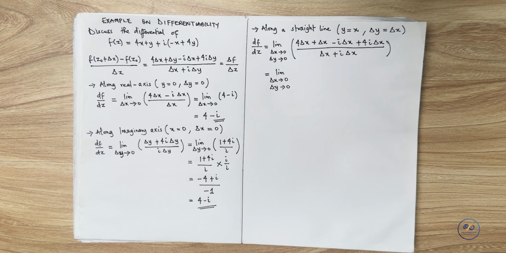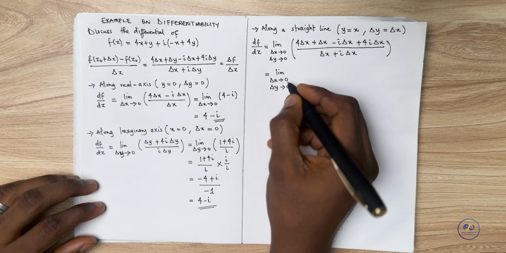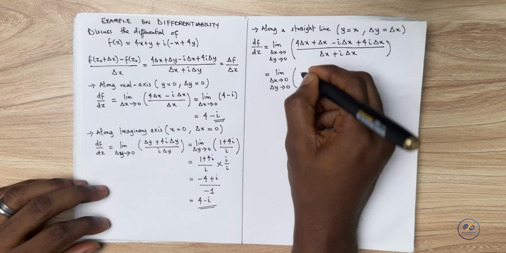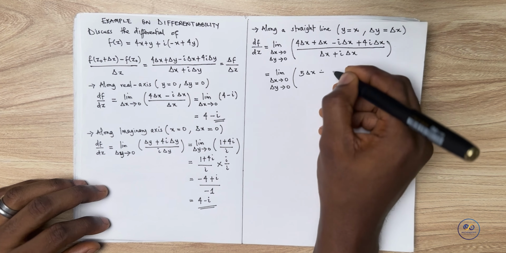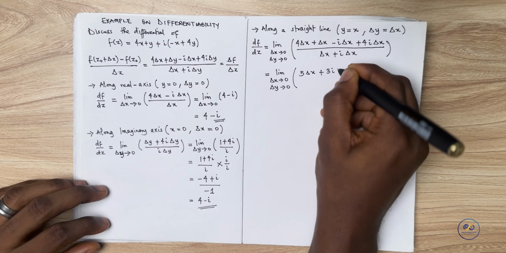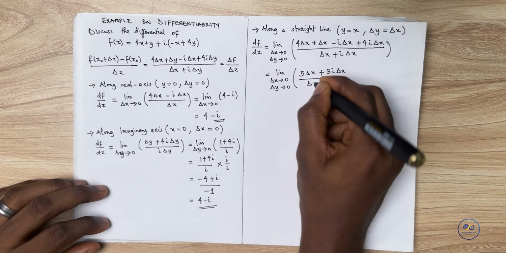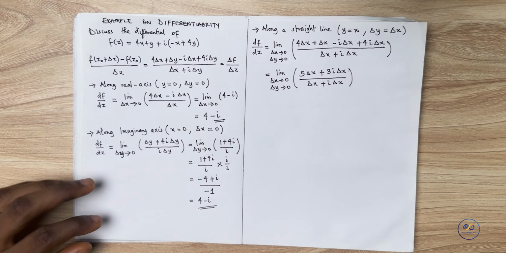So in this case, because delta y is equal to delta x, delta x being here is enough. Now we'll just leave it for one more line. So in this case, we're going to have 5 delta x plus 3i delta x. Of course, this will be divided by delta x plus i delta x. This is what we're going to have.